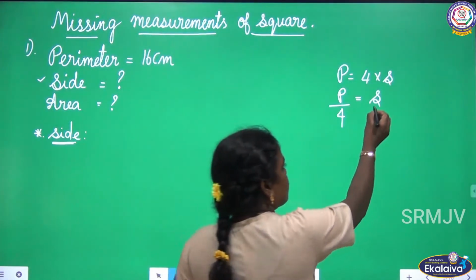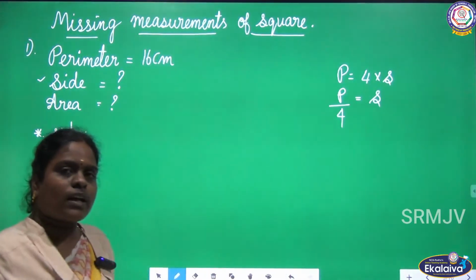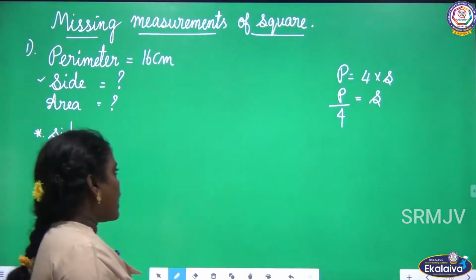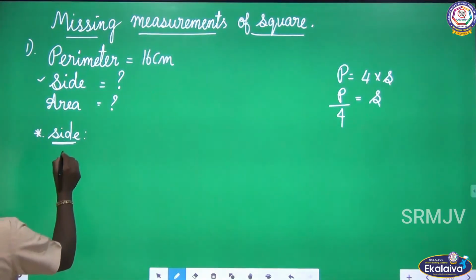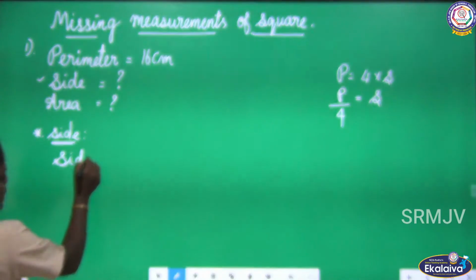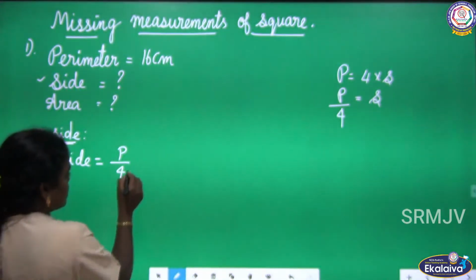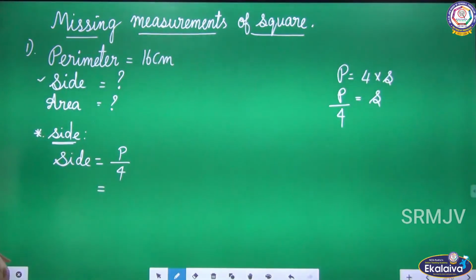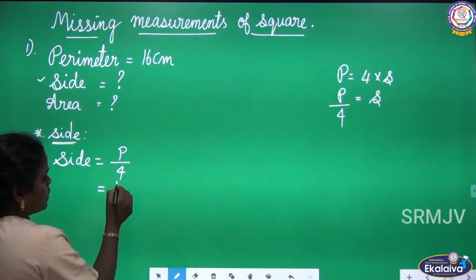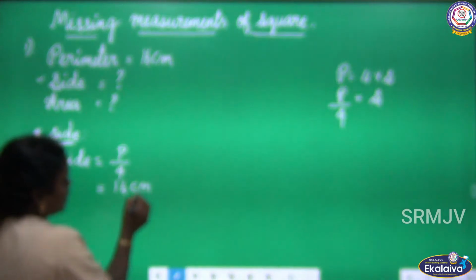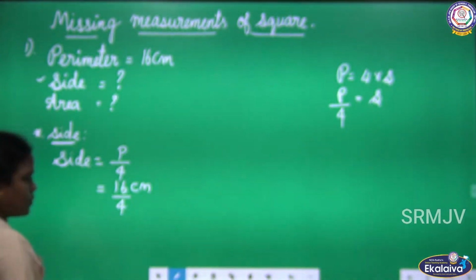The formula to find out the side of a square is perimeter by 4. So here side equals perimeter by 4, which equals 16 centimeter, you are going to divide 16 by 4.